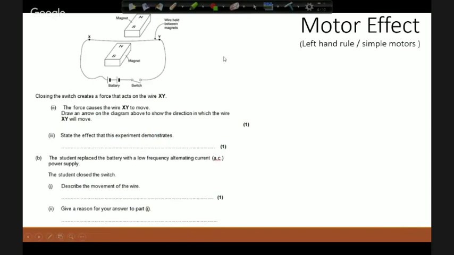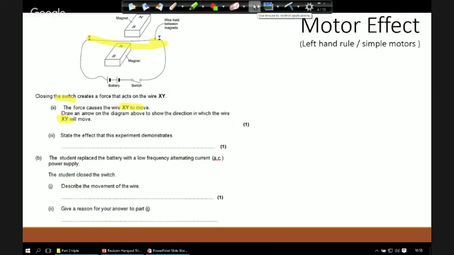Okay, our next question, a few marks here. So again, highlighter out. Closing the switch creates a force that acts on wire XY, again, same picture. The force causes the wire XY to move. Draw an arrow on the diagram above to show the direction in which the wire XY will move.